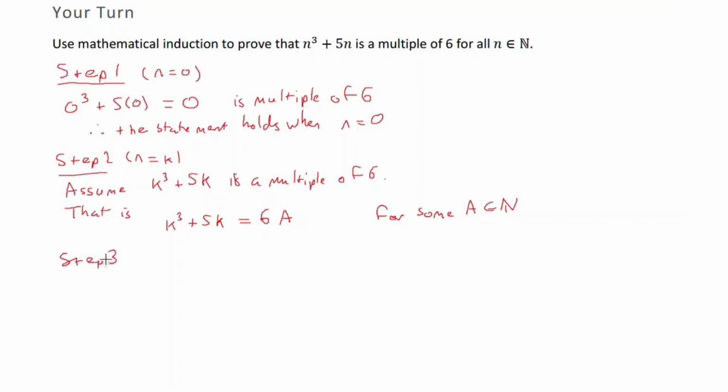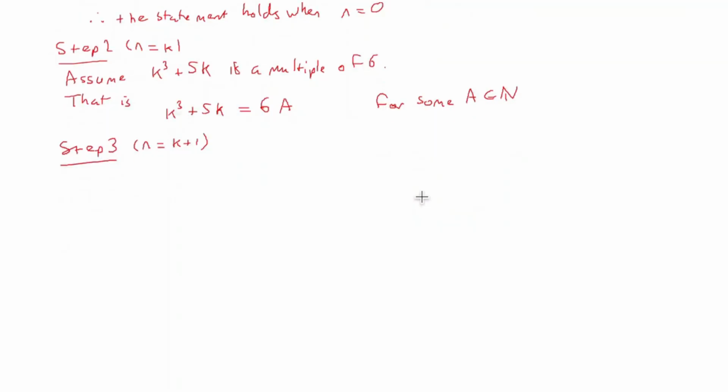With our assumption made, we move on to the inductive step. This is where this one becomes a little bit more tricky. What we want to show is that k plus 1 cubed plus 5 lots of k plus 1 is equal to some multiple of 6.